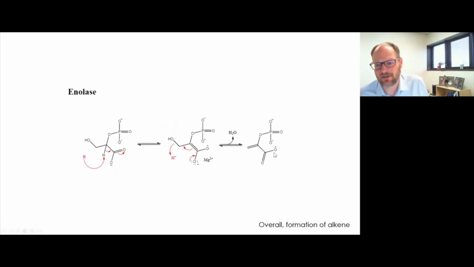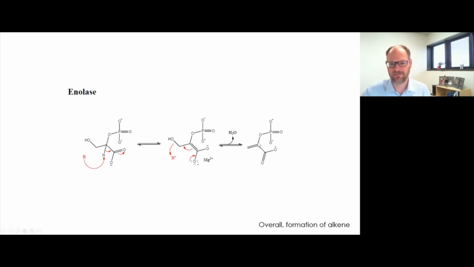And then in this final step, we have the enolase reaction, which gets us into this very high energy organophosphate, phosphoenolpyruvate, which ultimately enables our final payoff step. To get there, a base abstracts a proton here from carbon 2, and that makes this enol form here, which is stabilized by magnesium in the active site. Ultimately, the oxygen electrons resonate down, forming this phosphoenolpyruvate, which is a very unhappy molecule.